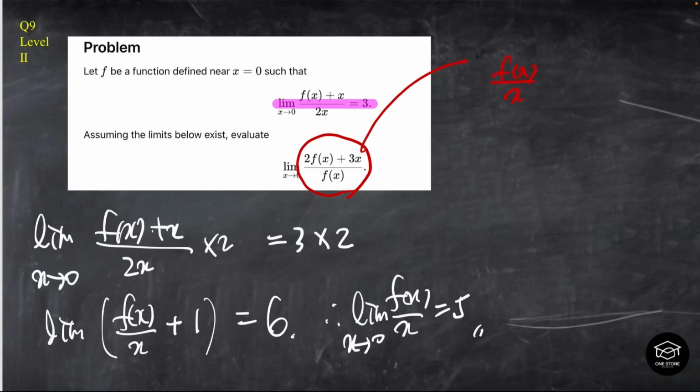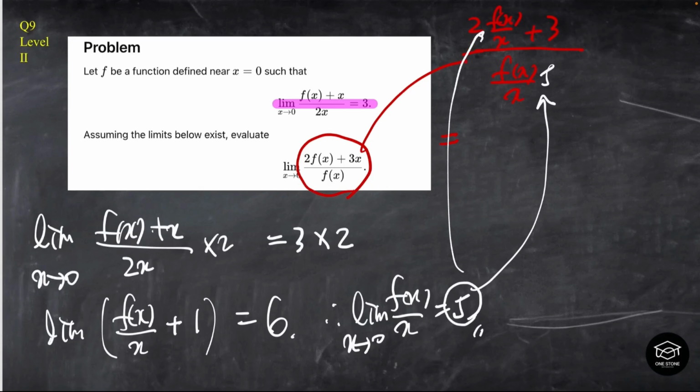This becomes the limit as x approaches 0 of (2 times f(x)/x + 3) divided by f(x)/x. Since we know that f(x)/x approaches 5 as x approaches 0, we substitute that value in. So we have (2 times 5 + 3) over 5, which equals 13 over 5.